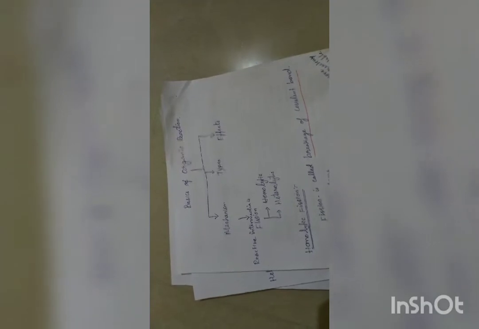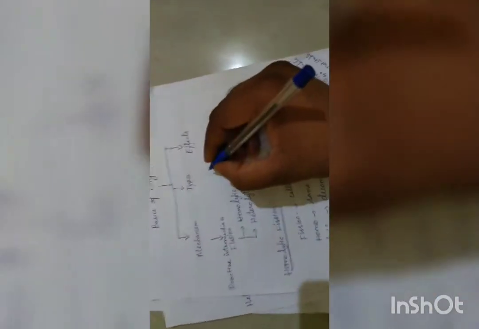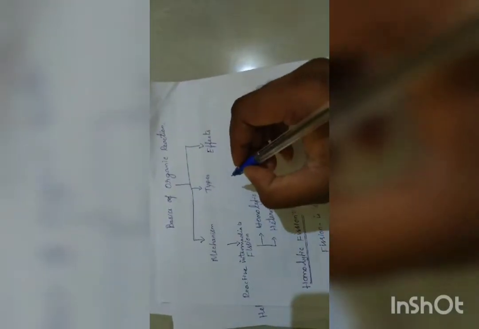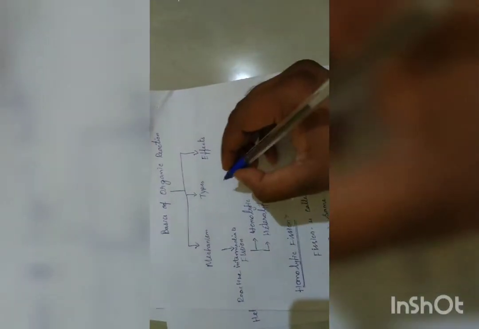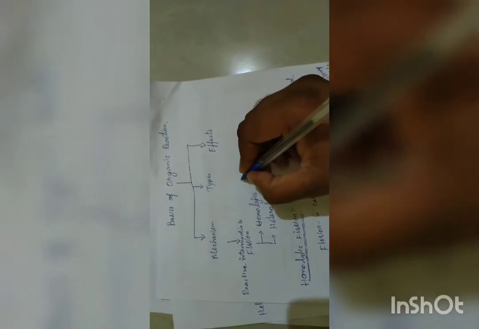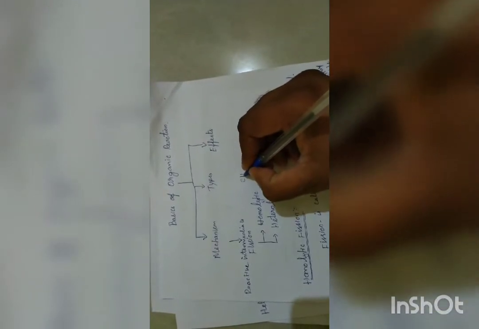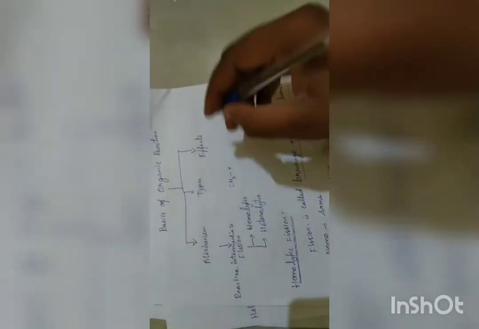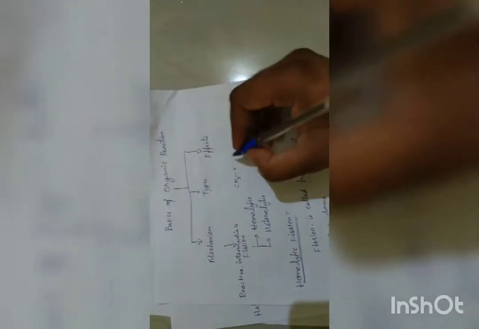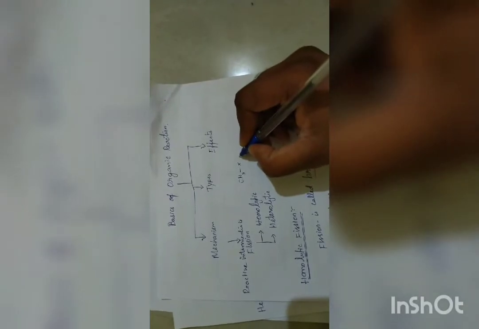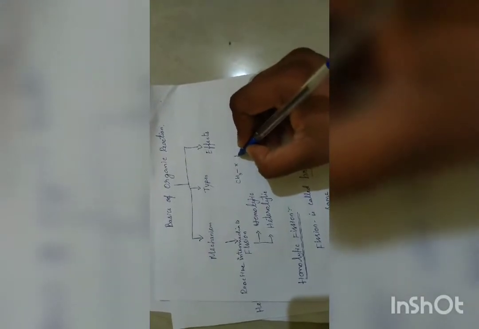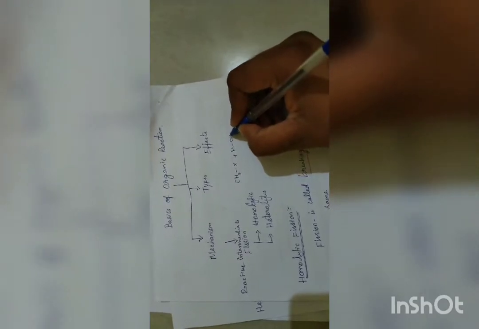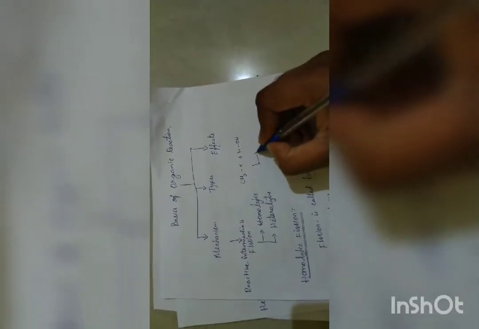Intermediate products. For example, I will take a simple reaction. CH3 halogen compound, and we add H2O, that is H-OH. What happens?